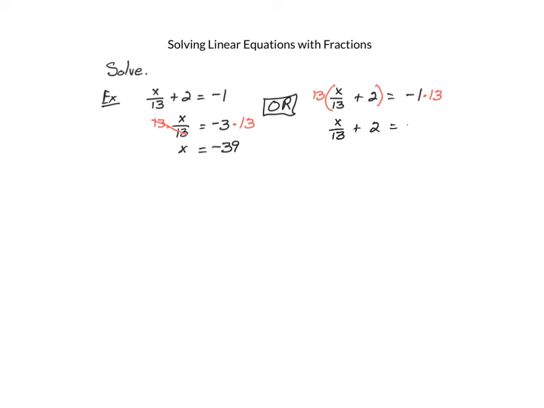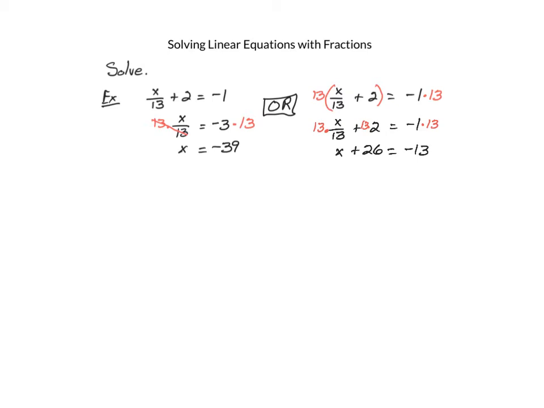Let me rewrite the equation. We distribute that 13. So the 13 gets multiplied by each term on both sides of the equation. And I would then have x plus 26 equals negative 13.